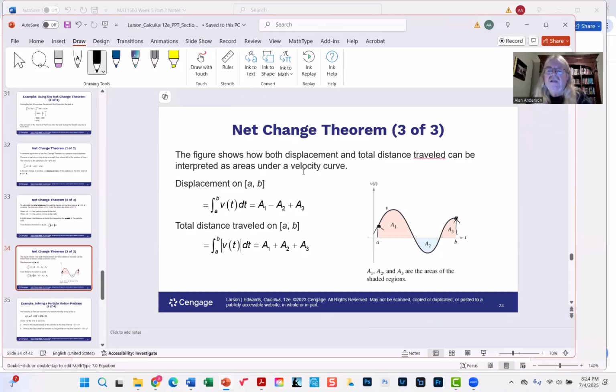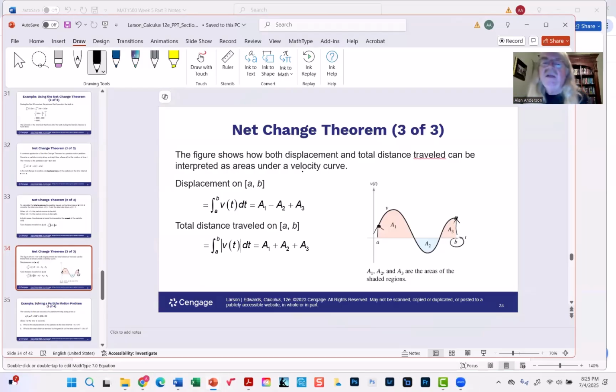Displacement, as you can see with this graph, means that when we go above the horizontal axis, that counts as a positive area. When we go below, that counts as a negative area. And then when we go back above, that's a positive area. So the net, if you add all those three together, that shows you your displacement. In other words, where are you at time at point B compared to A?